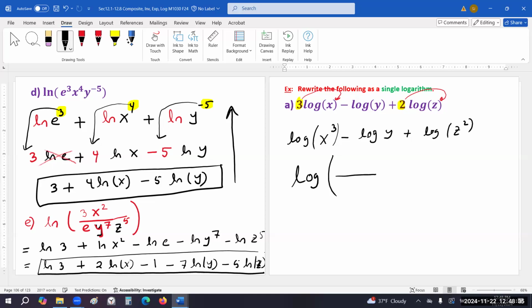That means you're going to have something on the top, something on the bottom. What goes on the top? x cubed, because it is a plus sign in the front. Y goes where? On the top or on the bottom? Bottom, because y has a negative sign in the front. So negative means bottom. How about z squared? On the bottom. This is on the bottom because it's adding to y. But what sign do you have in front of log z squared?